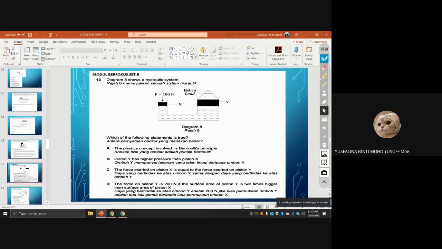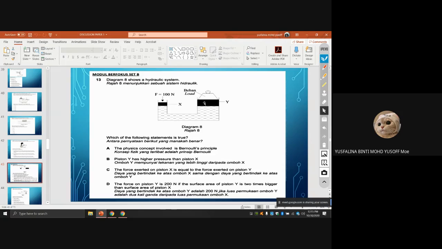Alright, next one. Diagram 8 shows the hydraulic system. This one is actually Pascal. So A, the physics concept involved is Bernoulli, wrong. This one should be Pascal. B, piston Y has a higher pressure than piston X, wrong. Pascal said the pressure must be the same, right? C, the force exerted on piston X is equal to the force exerted on piston Y. This one is wrong too.